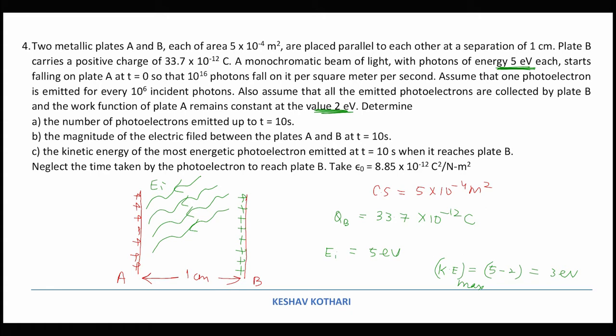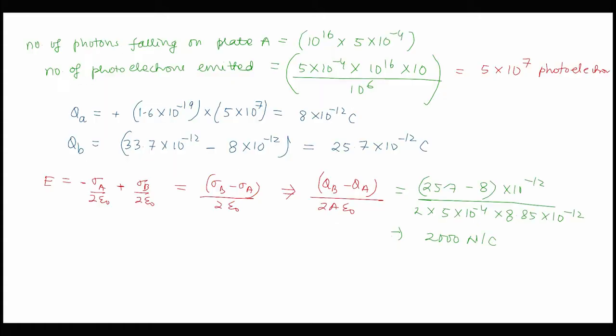So as a result of which we can say that the maximum kinetic energy of the most energetic particle: it was emitted with 3 electron volt energy and gets accelerated due to 2000 Newton per coulomb. So as a result of which it will get 20 electron volt energy more.